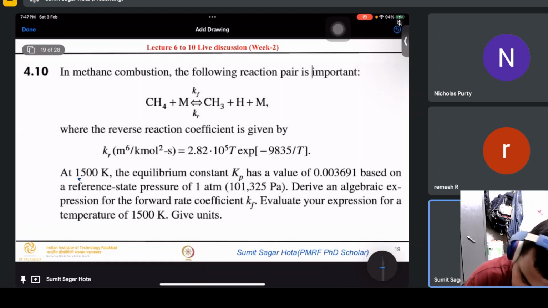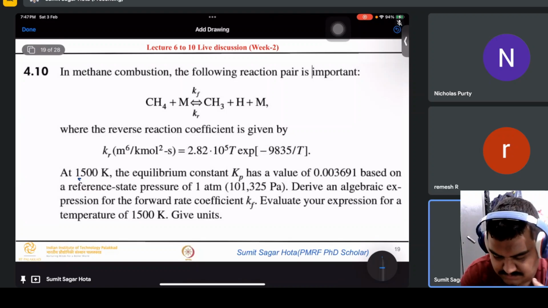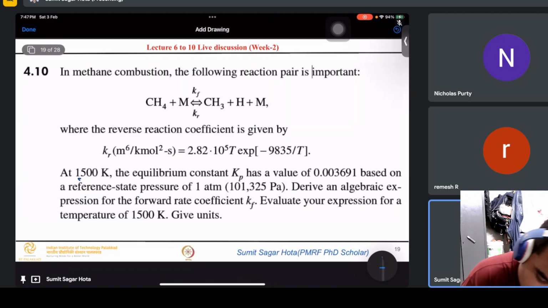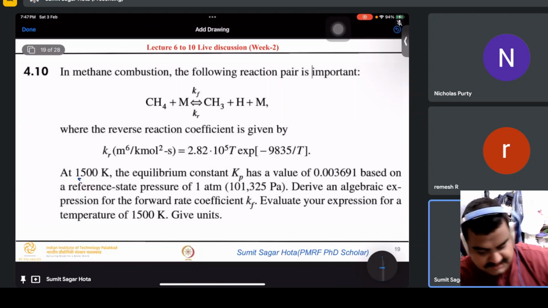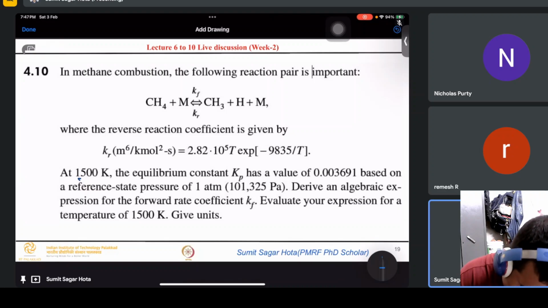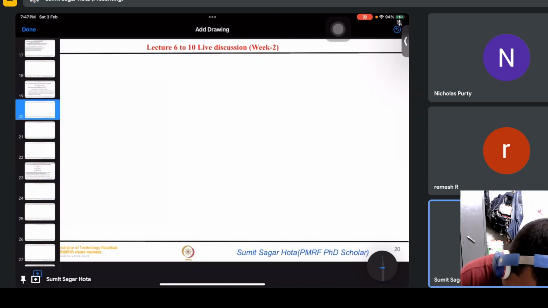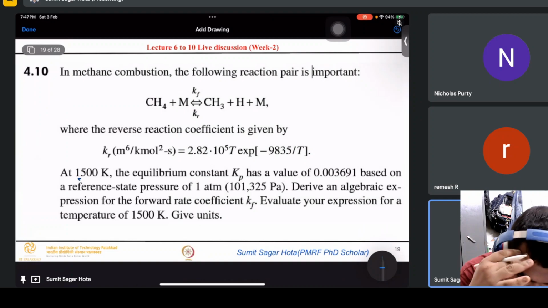A good question. A and R is not mentioned, only T. So what is Ea by R? The coefficient values are given.